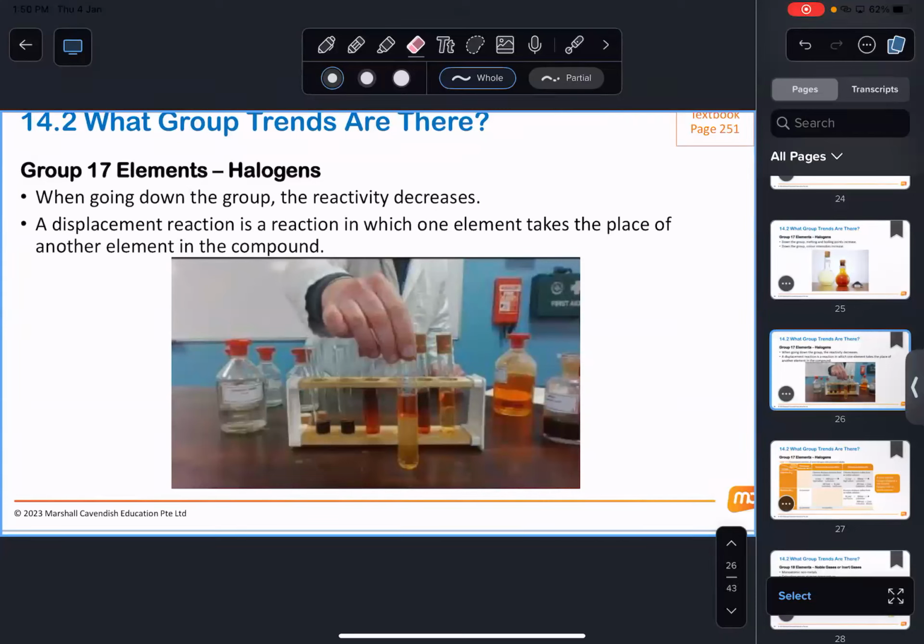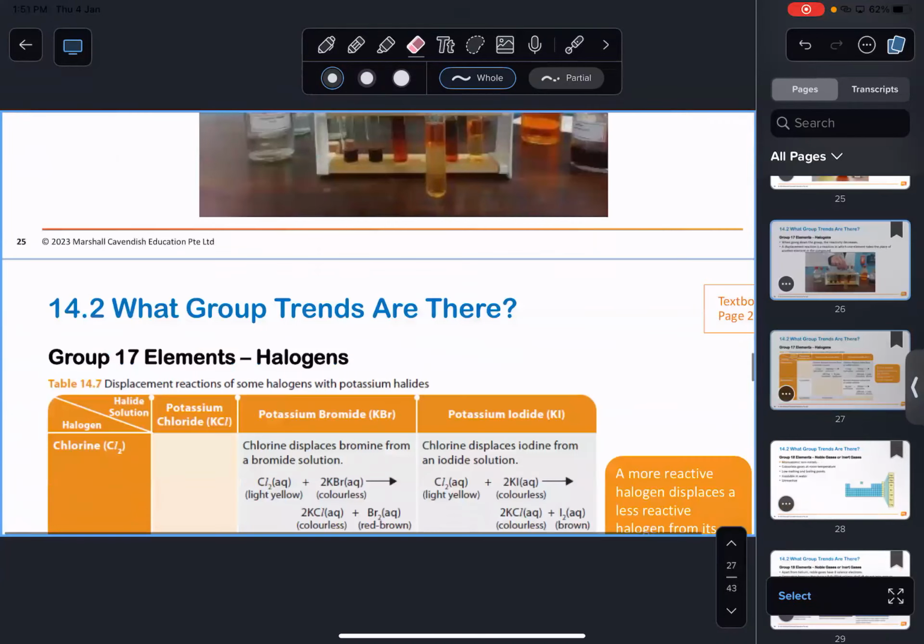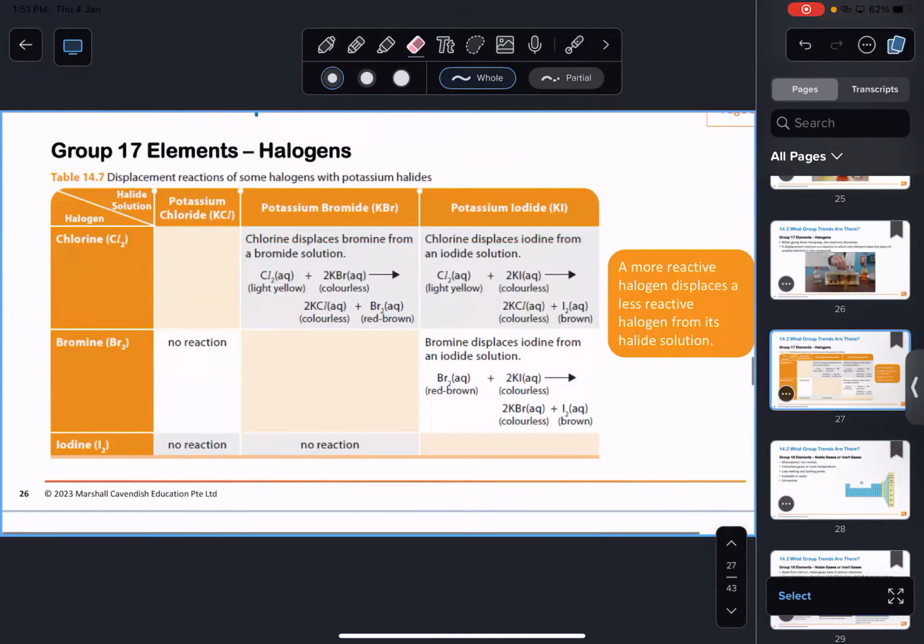Your QA, right? Your QA is the OH minus. Remember, you add the OH minus, then you form the colored compound, the insoluble product. That one is also displacement. But never mind, if you can't recall, we will look at exactly what they are talking about here.